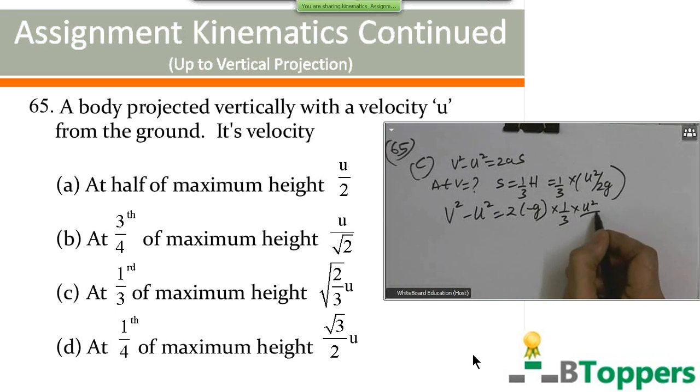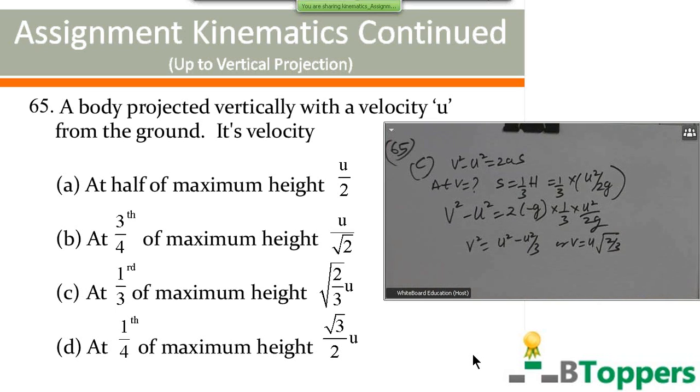To give a positive sign for displacement in the upward direction, you have to give a negative sign for acceleration in the downward direction. So you get v square minus u square equal to minus u square by 3. So you will get v equal to u into root of 2 by 3. So our statement C is correct.